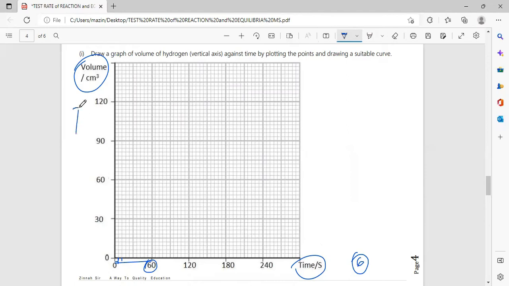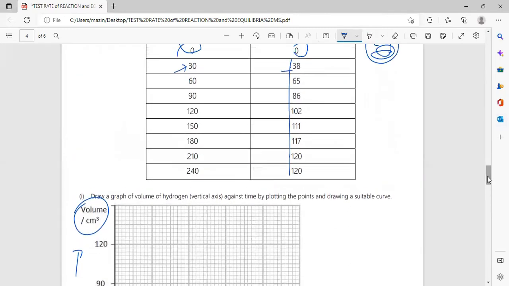And on this axis, you get your 30, 30 given for 10. And if you divide this by 10, what do you get? 3. So this is 3, and this is another 3, this is another 3. This is how they work. So now let's see how to plot.